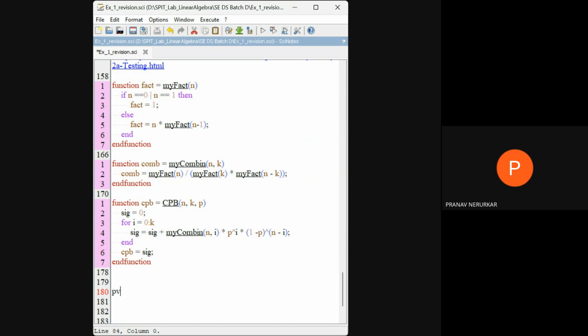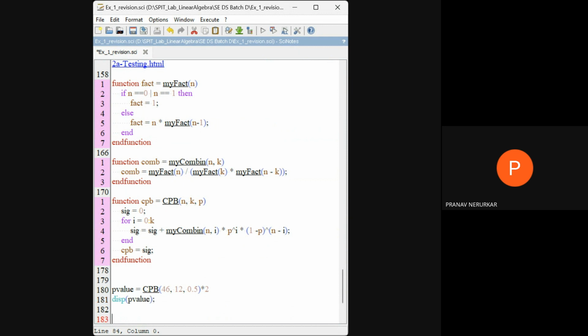So finally, the probability we will get, for example, if the total size is 46 and 12 is the quantity of the first case, and the probability of belonging to either is 0.5, then we can calculate the p-value.